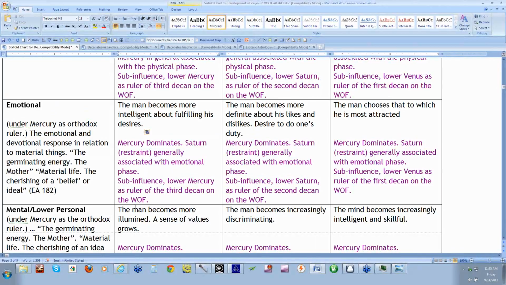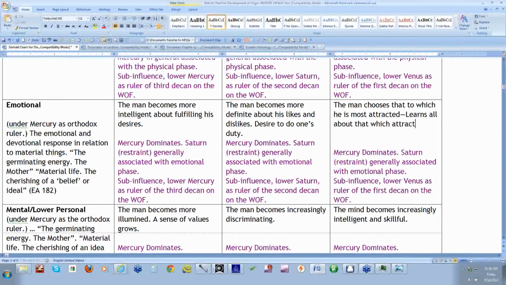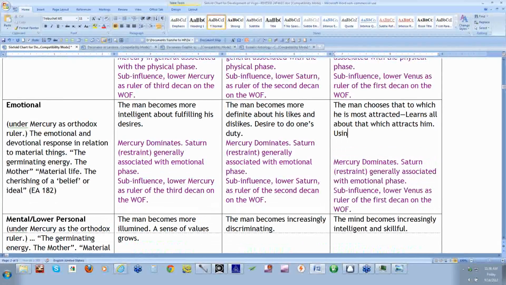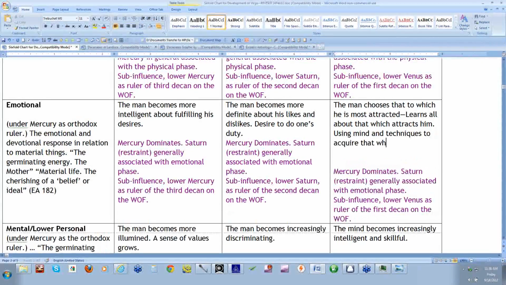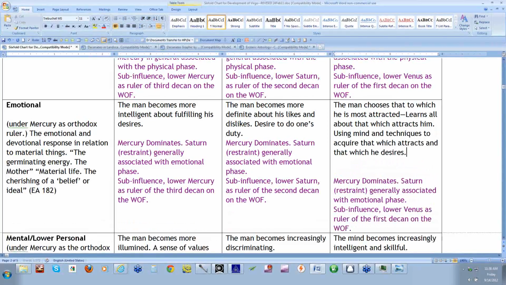Esoteric Astrology, page 182. The man chooses that to which he is most attracted, and learns all about that which attracts him, using mind and techniques to acquire that which attracts in this emotional stage, and that which he desires.